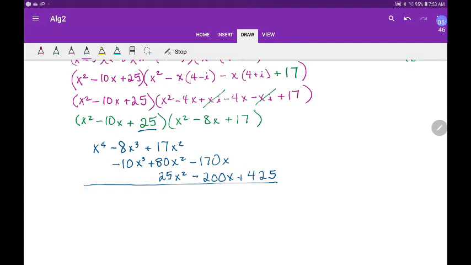Quarter analogy still works. 16 quarters is $4. Okay, x to the fourth. I'm going to put these together. I get negative 18 x to the third. I put all these together. It looks like 122 x squared minus 370 x plus 425. Woo! That is my polynomial.